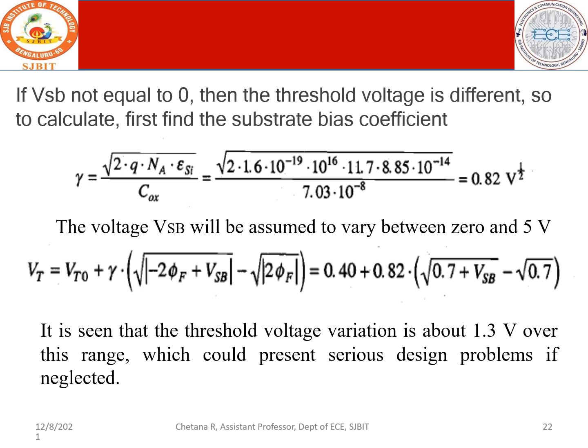If the substrate bias is given and it is assumed to vary from 0 to 5 volts, then the formula changes. Please notice here that gamma we have already found out. All the while we considered only 2 phi f. Now we have to consider VSB also. So VSB is considered to be 0 to 5 volts. For simple reasons, if you take it as 2.5 volts, the mid-value, then the threshold voltage is going to vary.